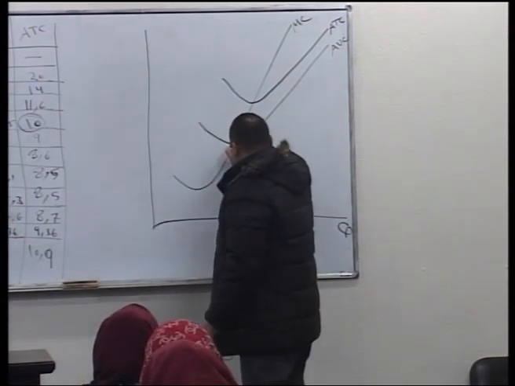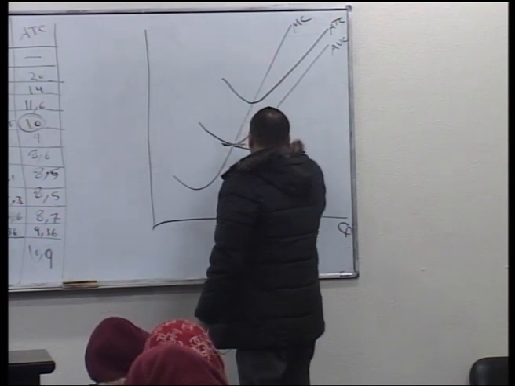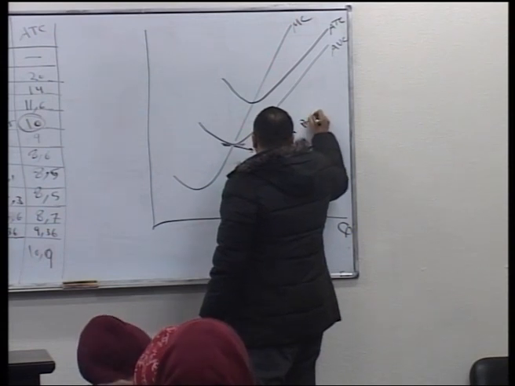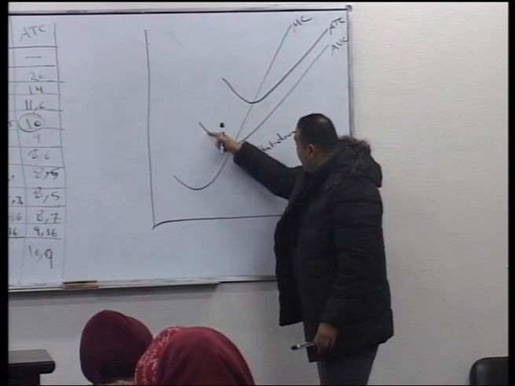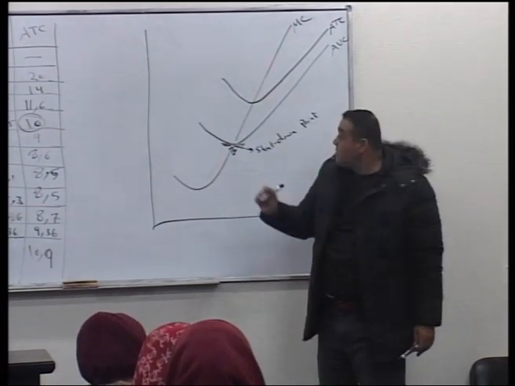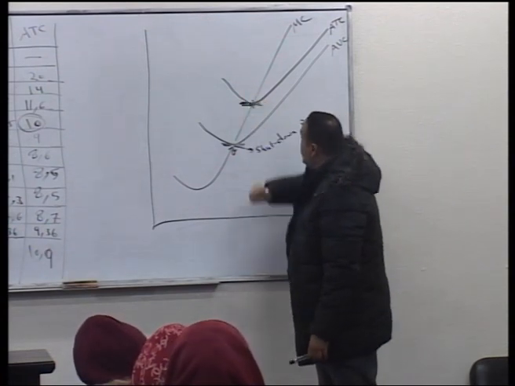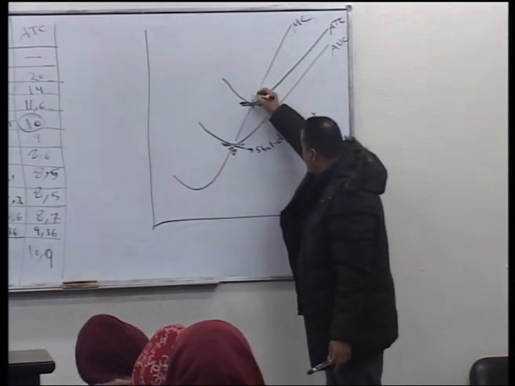The lowest value of the AVC is called the shutdown point, point A here. The minimum AVC is the shutdown point. The minimum of ATC is the break-even point, point B here.